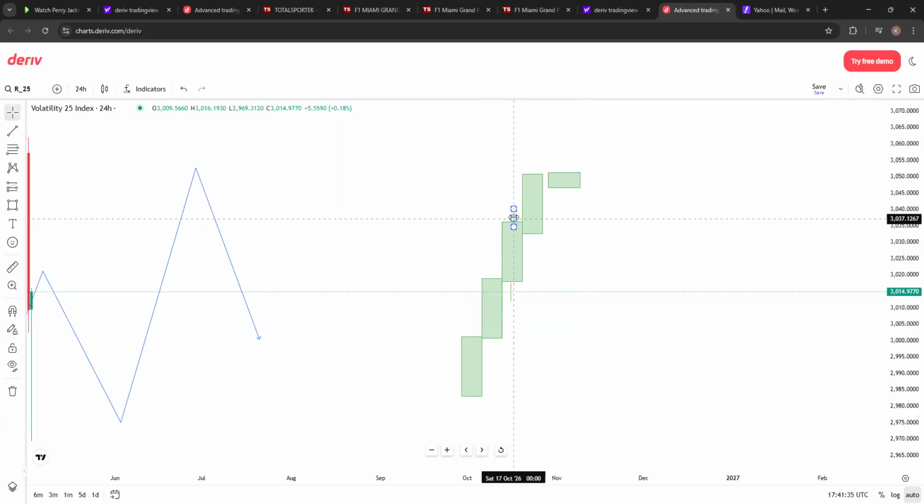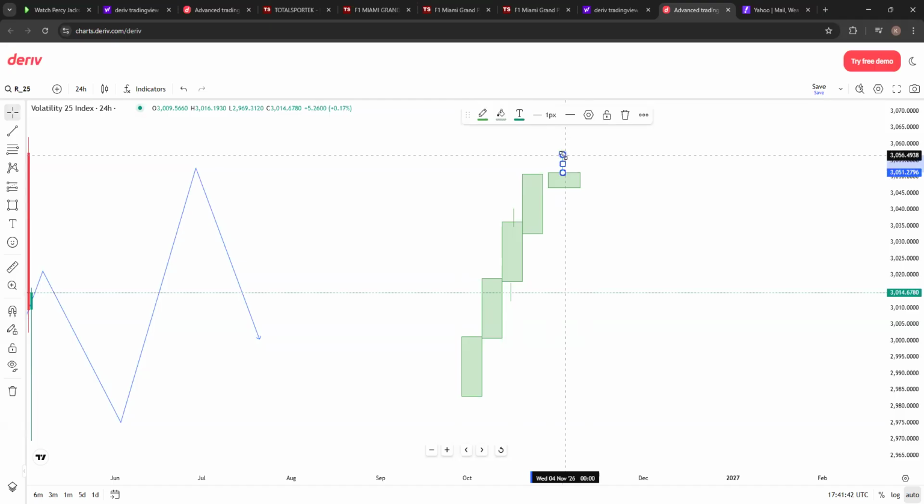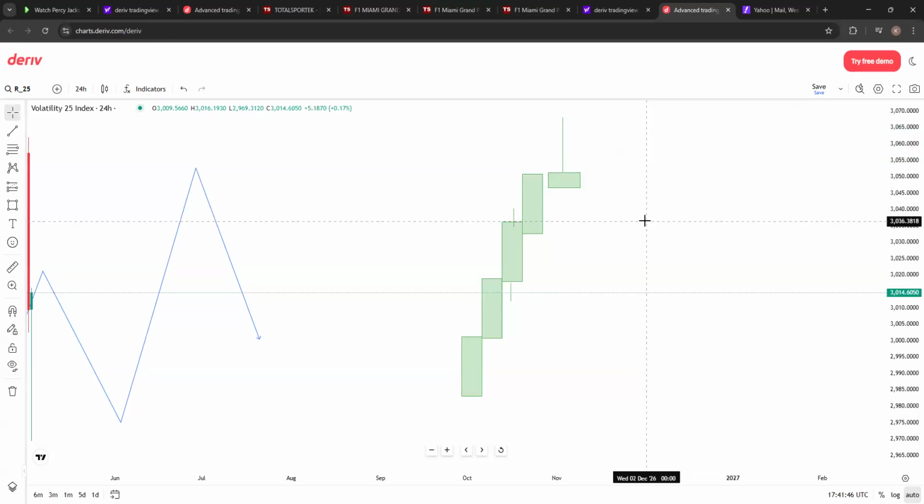So let me show you what I mean. It can have a smaller body accompanied by a bigger tail, right? And immediately what you notice is this is rare. We haven't been seeing this as we were moving with the trend.